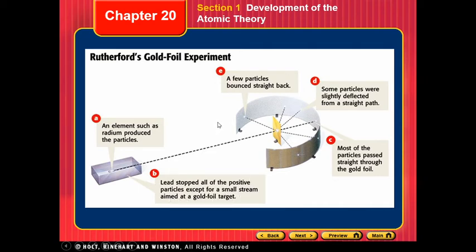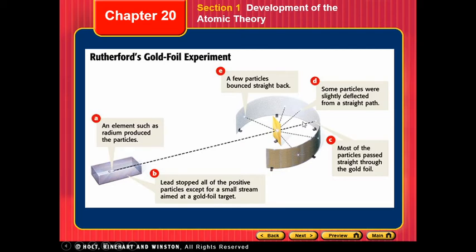Okay, so when the particle or this beam goes through the foil, in the beginning he was thinking that all of it would pass through in a straight line, but then he discovered that some of it deflected, but most of the particles passed through in a straight line through the gold foil.